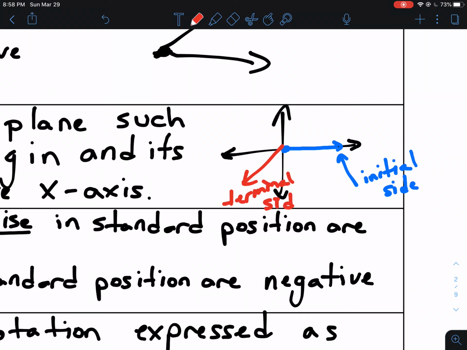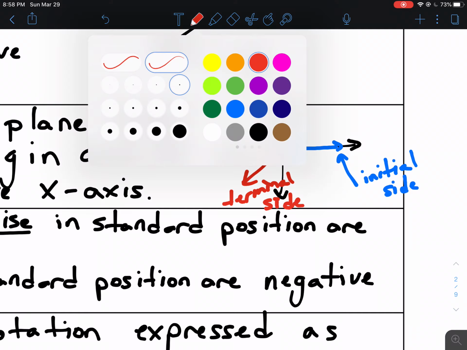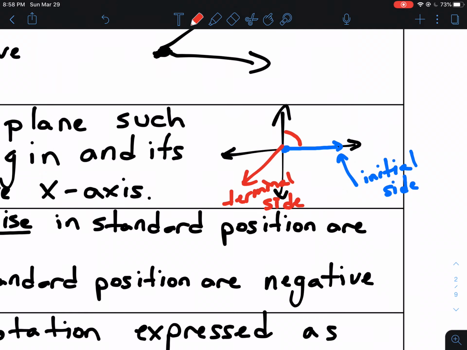Now there's going to be 2 different ways that you can measure that angle. The first way is what's called a positive direction, meaning you're going to measure the angle starting from your initial side and going in a counterclockwise rotation to its terminal side. So this would be a positive angle measure. You can also have a negative angle measure, which is again measuring the angle, but instead of going counterclockwise, you actually go clockwise.